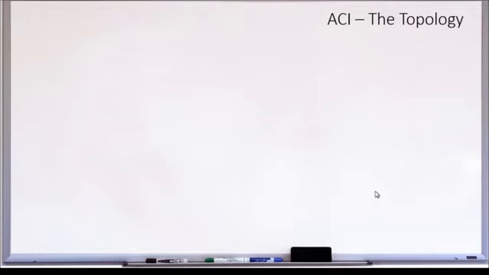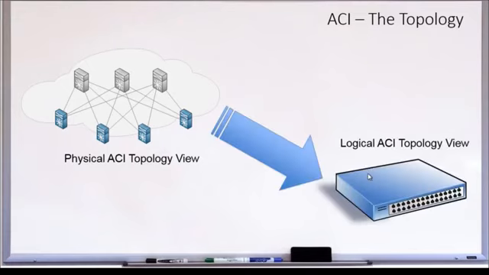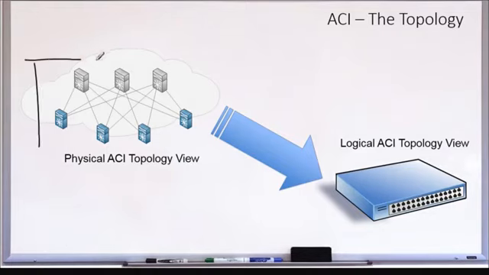So the ACI topology in a nutshell: even though the physical ACI topology view might look something like this, logically, to anything outside of the fabric, we really look more like just a single switch. Imagine a box around this topology.